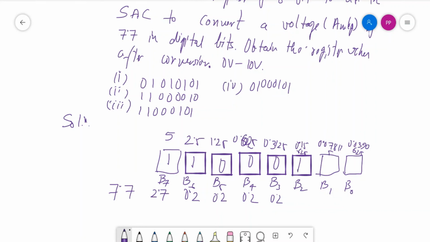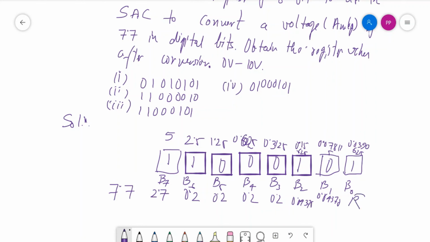So I can assign 1 and remaining is 0.04375, and next is 0.078125, which is more, so assign 0. Then 0.039065, which is less, so we assign 1 and the remainder will be here.